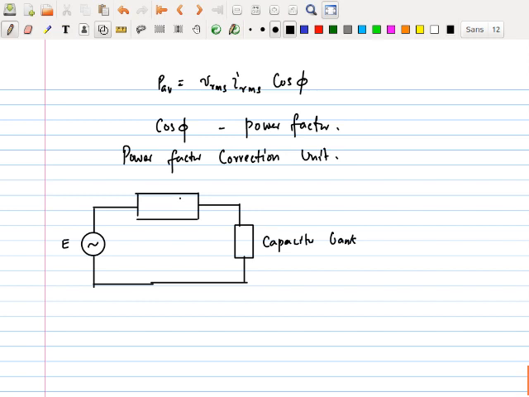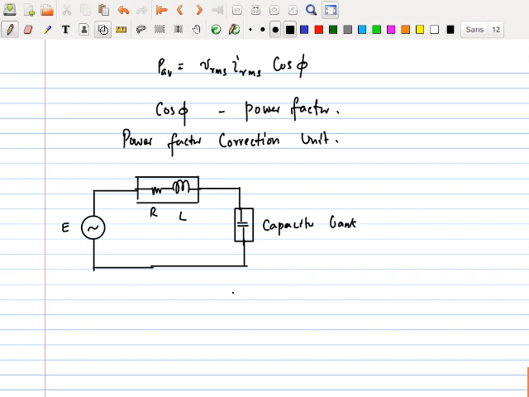If I look at an industry with a lot of motors and stuff like that, the equivalent circuit is going to be a resistor and an inductor, R and L. Then they have this unit that I can buy from the store, which is a capacitor bank. So if I drop all of the boxes, your equivalent circuit of some industry where you get electricity from your source is something like this.